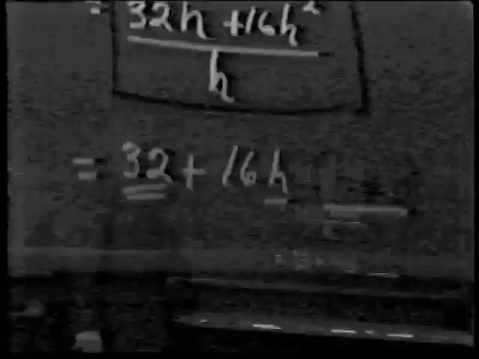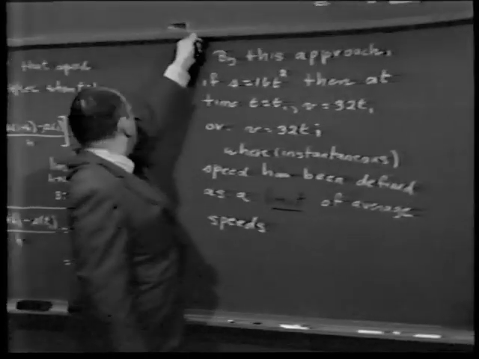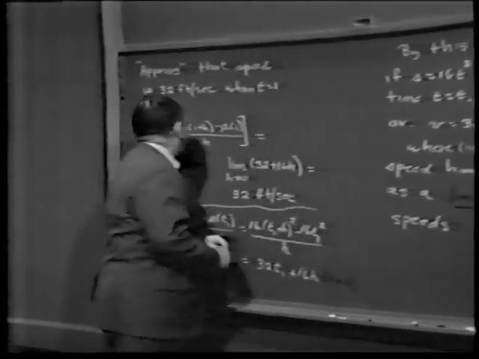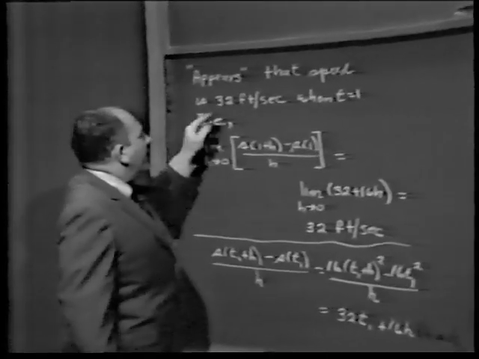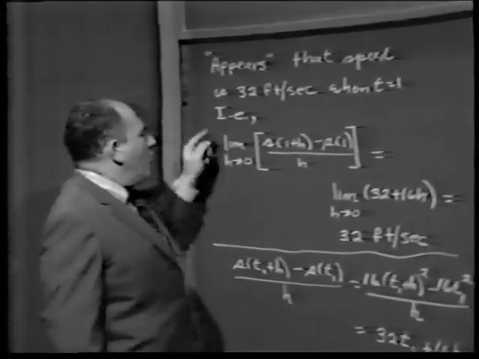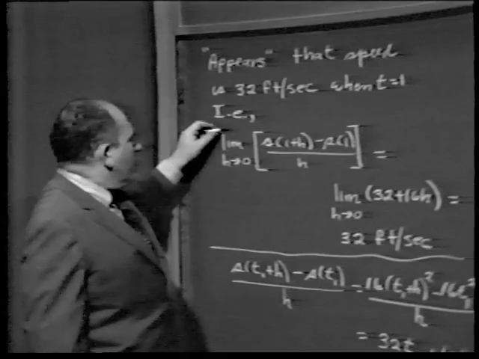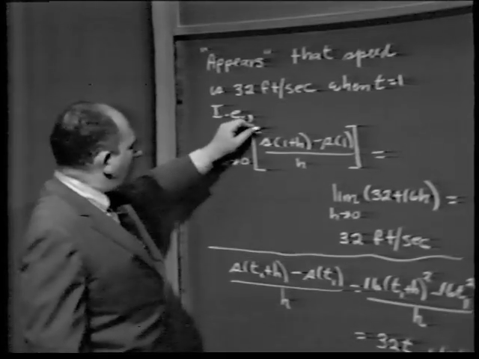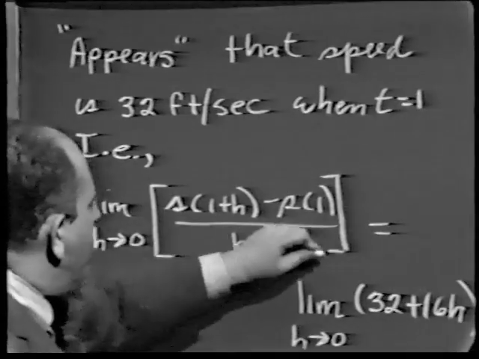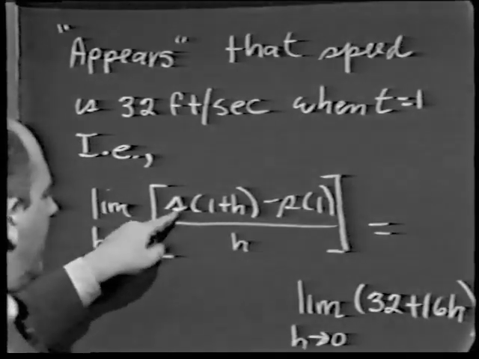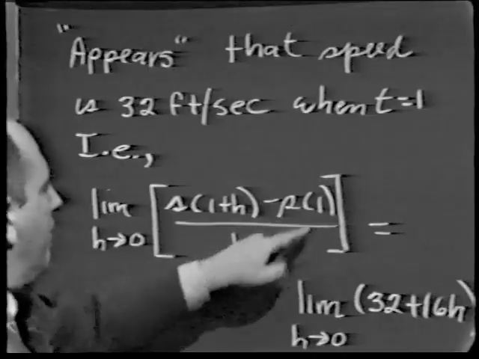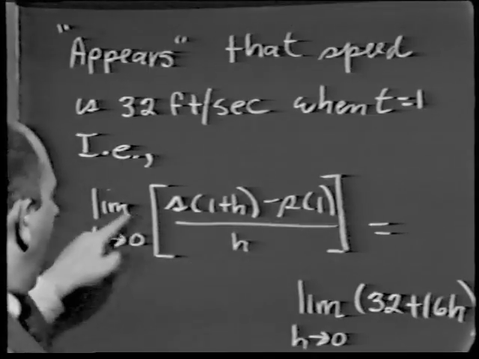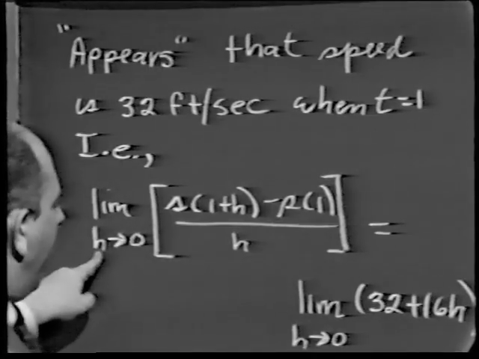In other words, it appears that the speed is 32 feet per second when t equals 1. And to reuse the vernacular, what we're saying is we compute the average rate of speed, s of 1 plus h minus s of 1 over h, and see what happens to that as h approaches 0.